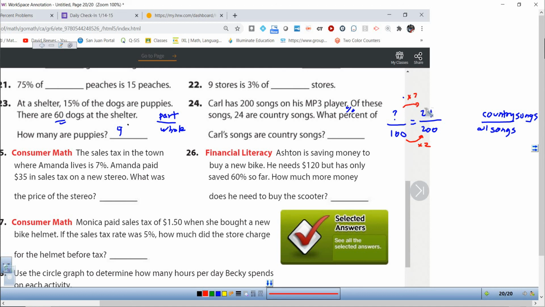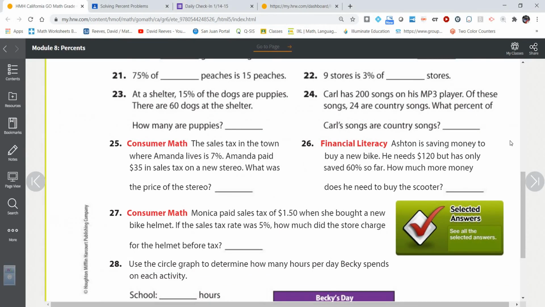So we know we need to multiply by 2. And if you take 24 and divide it by 2, you get 12. So 12% of his songs are country. Because if he had 100 songs, 12 of them would be country. But he has 200 songs, so twice as many, or 24 songs are country.